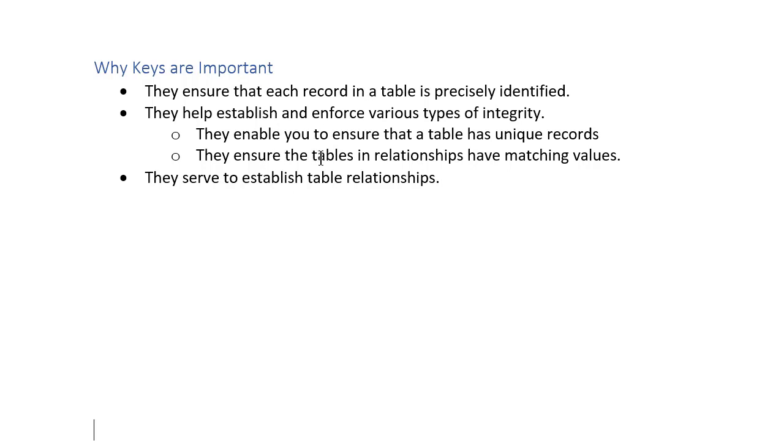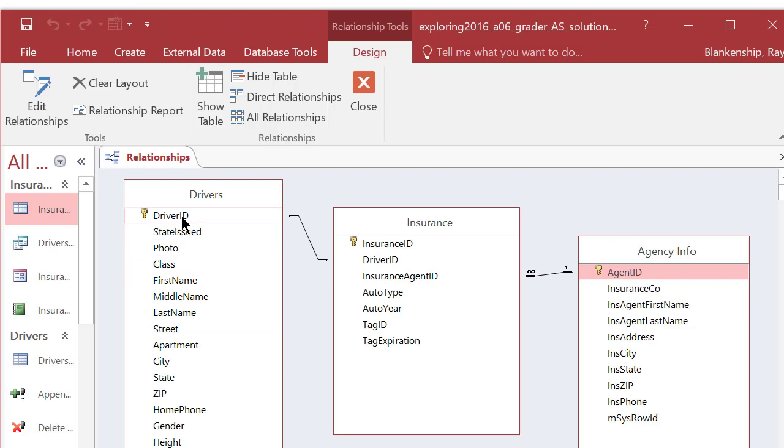They also make sure that the tables and relationships have matching values, so we're only limiting the amount of data that we're repeating in our database. That is, the primary key and foreign key fields match up. If we look at driver ID here, this is the primary key, so every record has a unique driver ID.